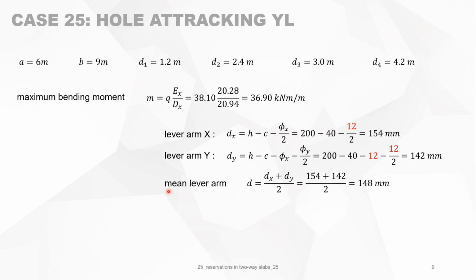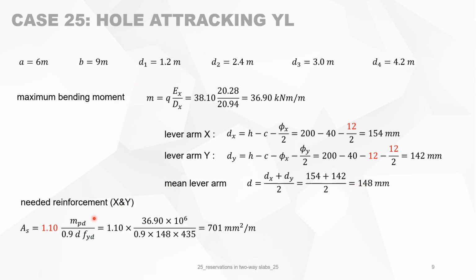We take the mean lever arm, which is 148 millimeters, and the needed reinforcement is then 1.1 times the maximum bending moment divided by the lever arm and the yield strength of the reinforcement. And you will need 700 square millimeters per meter, or a diameter 12 every 150.